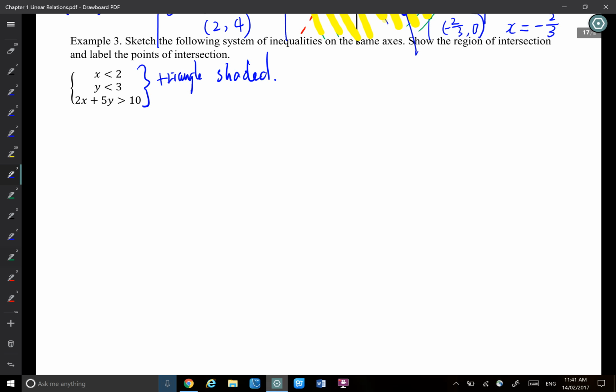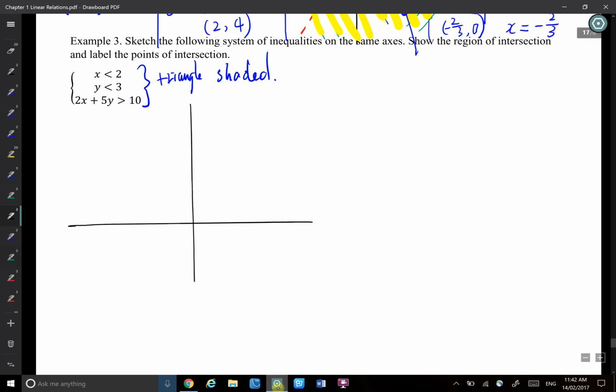So x smaller than -2, I'll draw this one by one. y and x smaller than -2, which will be here. Smaller, so dashed lines.